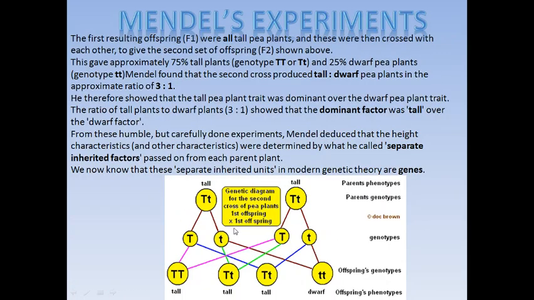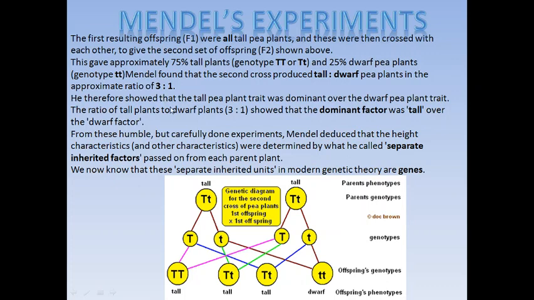The ratio of this first experiment, the monohybrid cross, was 3:1. Mendel found that the second cross produced tall and dwarf pea plants in the approximate ratio of 3:1.